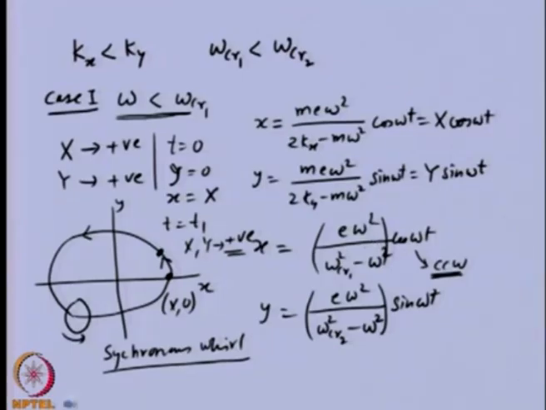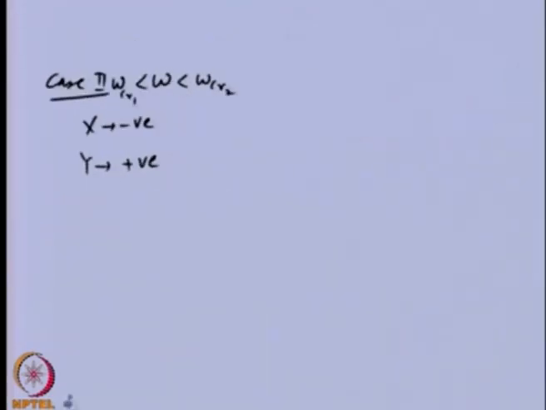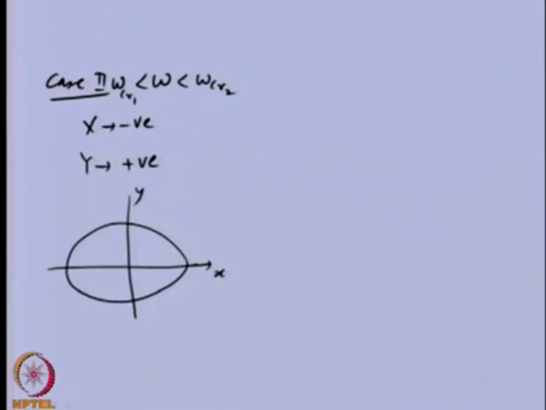So, when we want to plot the orbit of the shaft, let us say this is the x direction, y direction. At t equal to 0, x is negative and y is 0.